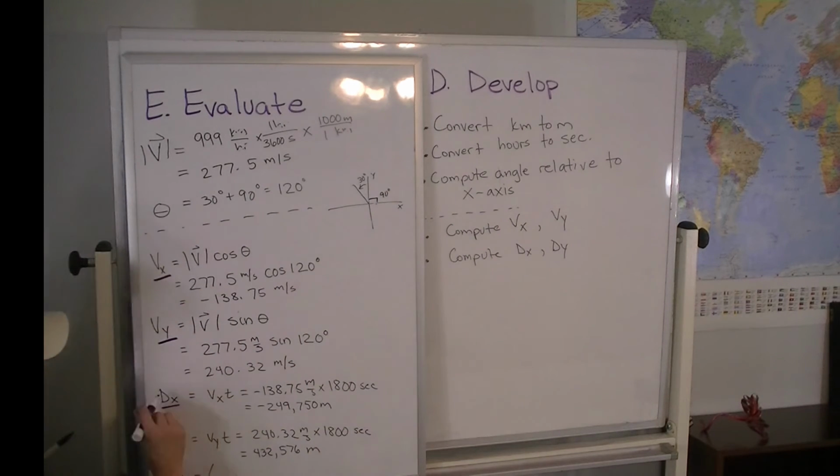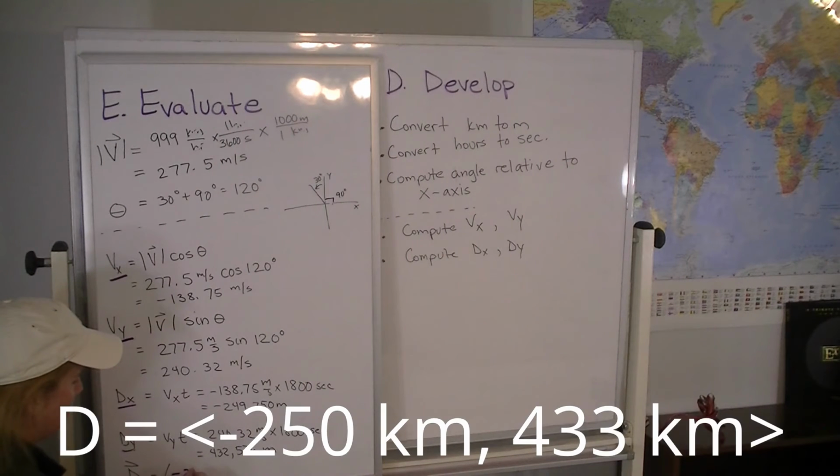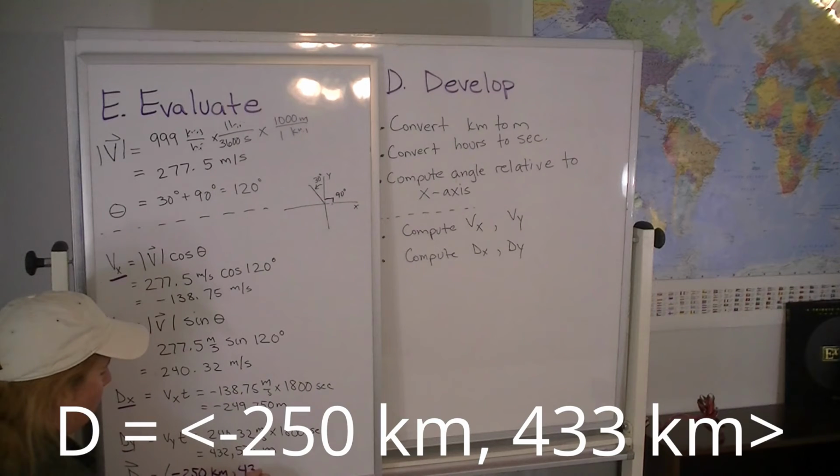So for the x component of the displacement vector, we have minus 250 kilometers, converting it also back to kilometers. And if we express the y component with 3 significant figures, we have 433 kilometers.